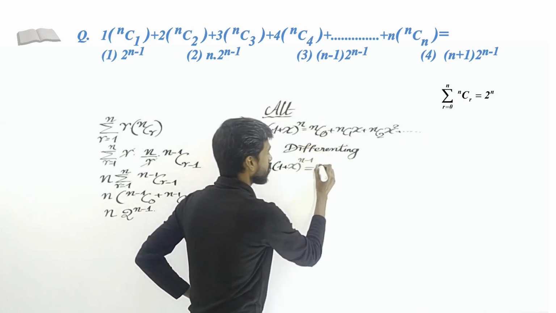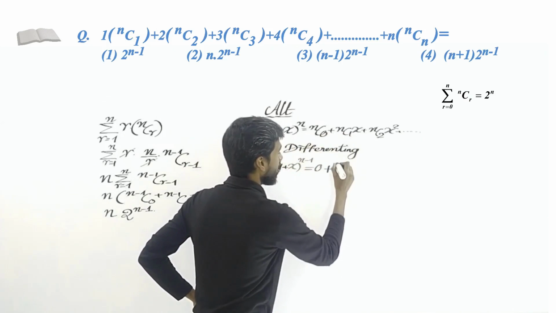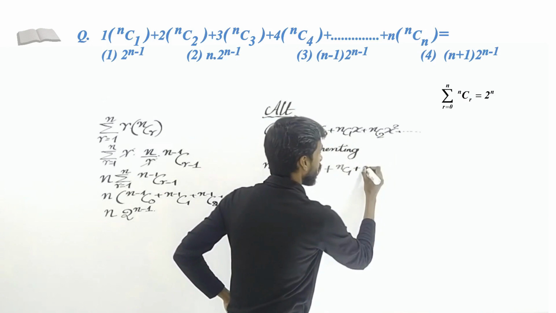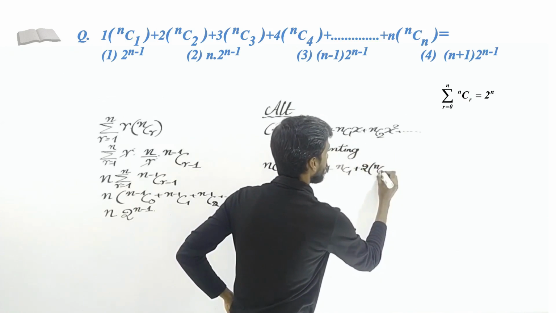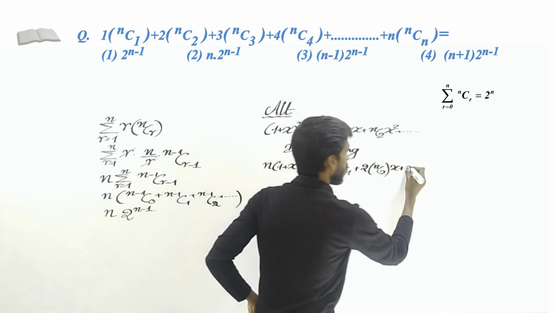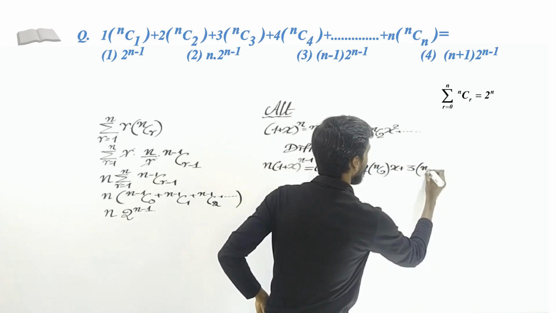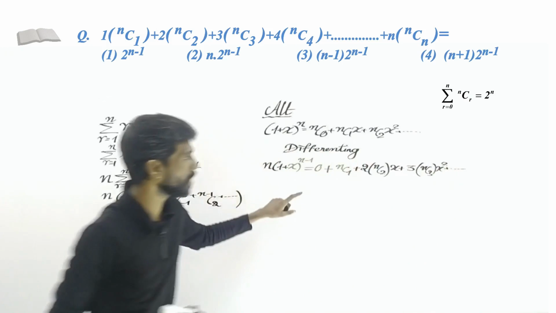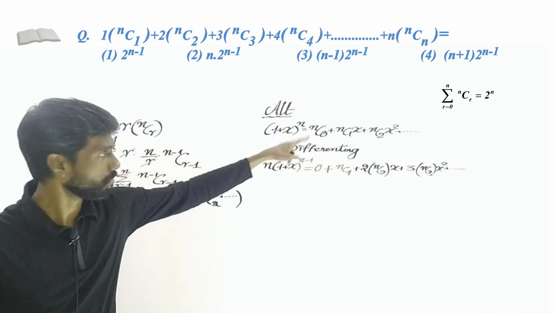First term is 0 because it's a constant, and nC1 x derivative is nC1, plus nC2 x square derivative is 2x, next term x cube derivative is 3x square, so 3 nC3 x square etc. So this is the derivative of the terms.